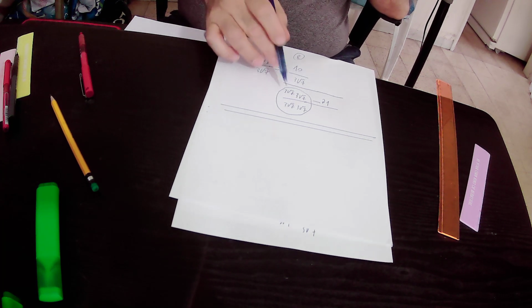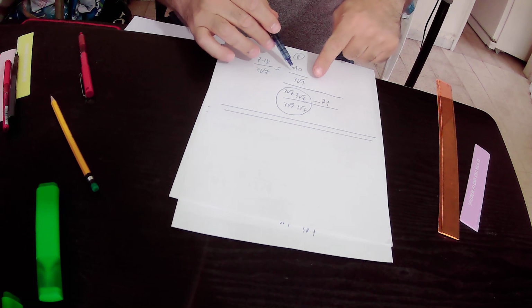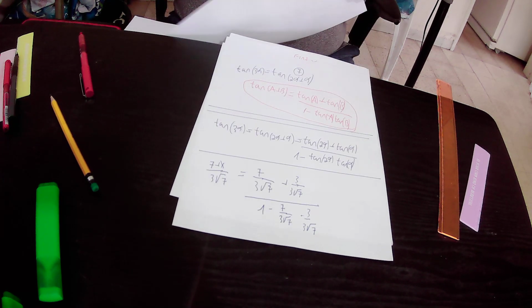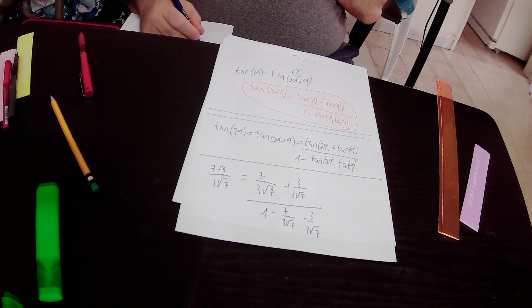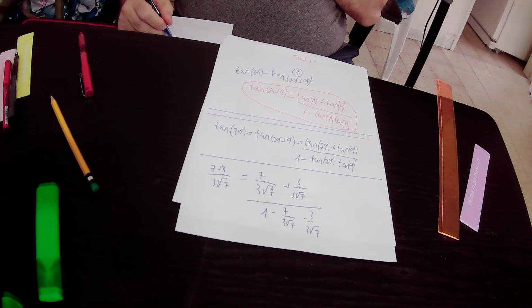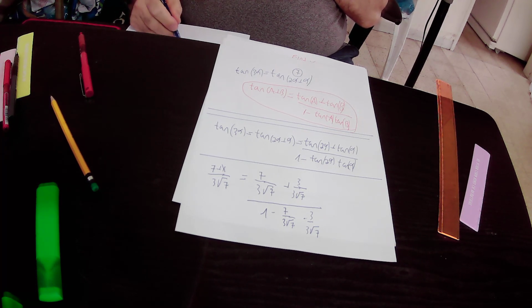Here we will move this expression to the numerator and this expression to the denominator, and we will get that 7 plus x over 3 times root 7 equals 10 over 3 times root 7, over 3 times root 7 times 3 times root 7 minus 21.